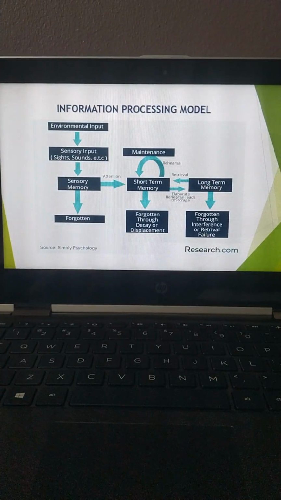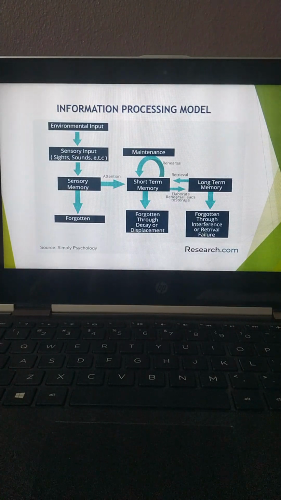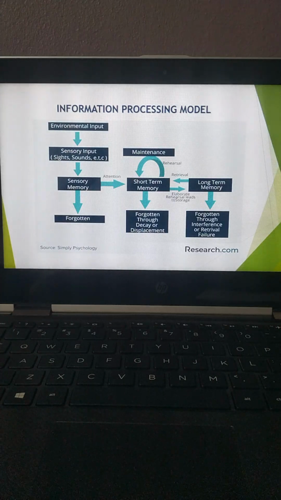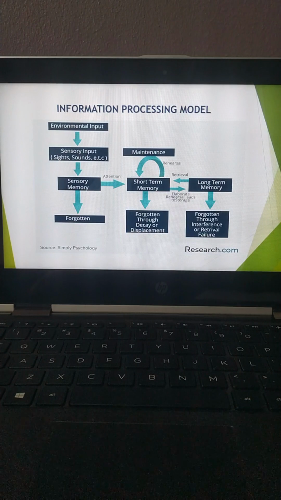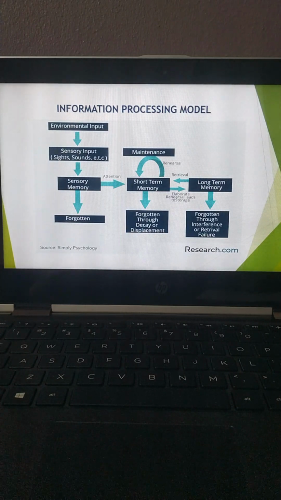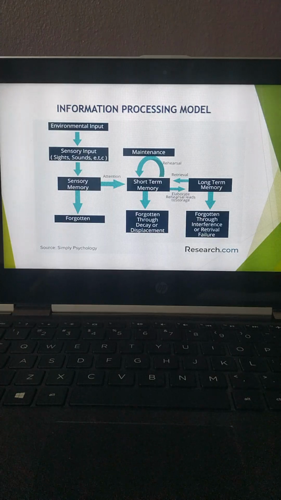This is a diagram showing what the information processing model is all about. We can see that the first is the environmental input, the information you get from the environment, the stimuli, after which it moves to the sensory input.